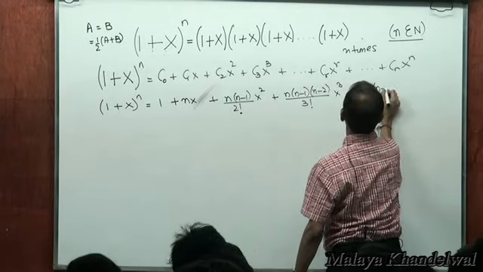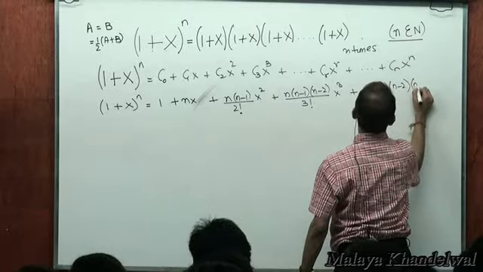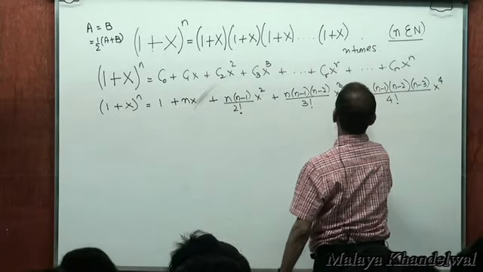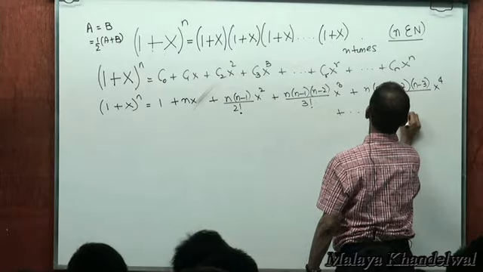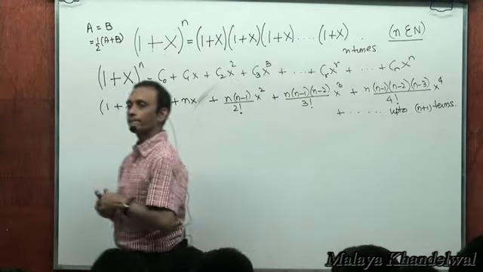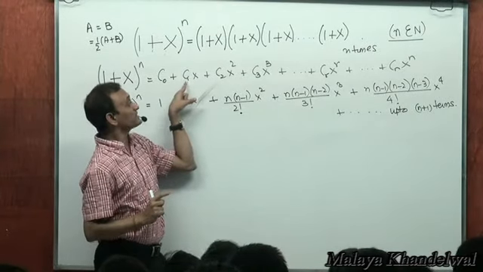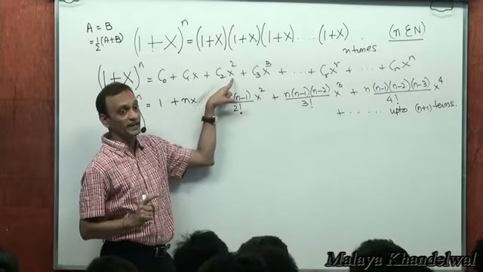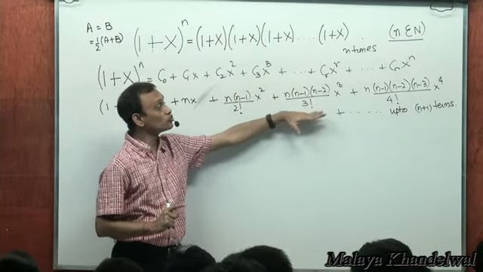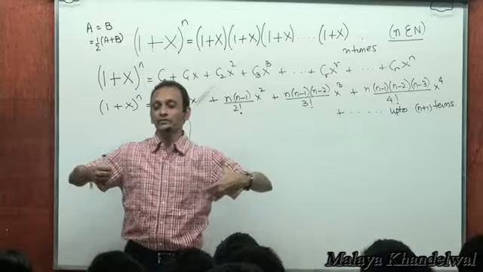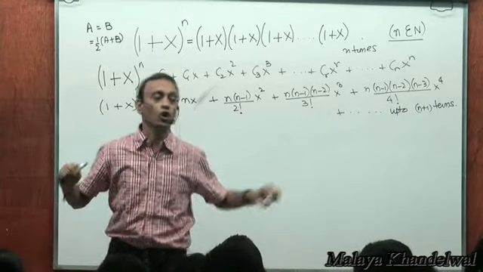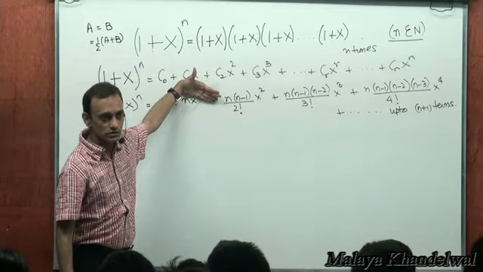Similarly, n into n minus 1 into n minus 2 into n minus 3 by 4 factorial x power 4, and going on up to n plus 1 terms. One plus nx plus n into n minus 1 by 2 factorial x squared plus n into n minus 1 into n minus 2 by 3 factorial x cubed, and so on and so forth. This kind of relatively clumsier representation we would call a raw representation or raw form. We'll call this raw, we'll call this processed. Alright.